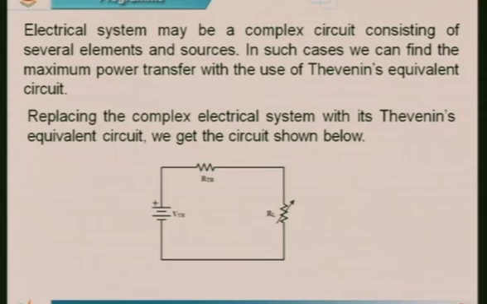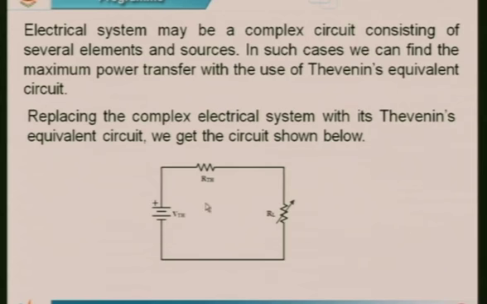Replacing the complex electrical system with its Thevenin's equivalent circuit, we get the circuit shown below. The circuit has V Thevenin, R Thevenin and RL. RL is a variable load resistance. Generally, in order to prove the maximum power transfer theorem, we use this simple circuit here.